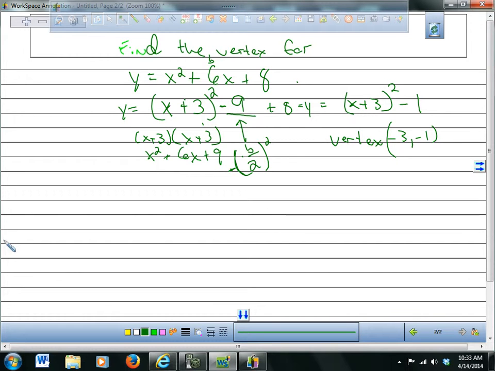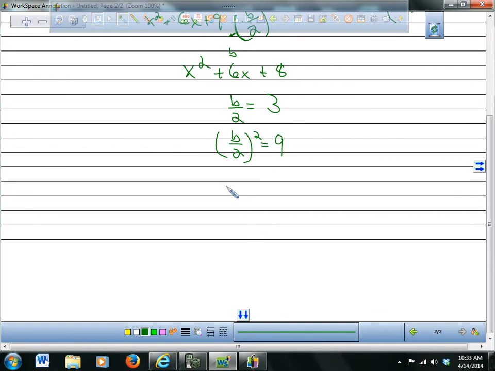Okay, with the negative b over 2 squared, can you just do that again? Yeah, so if I have x squared plus 6x plus 8, right? This is b, right? So b over 2 equals 3, right? B over 2 squared equals 9, right? I want negative b over 2 squared, which is negative 9.